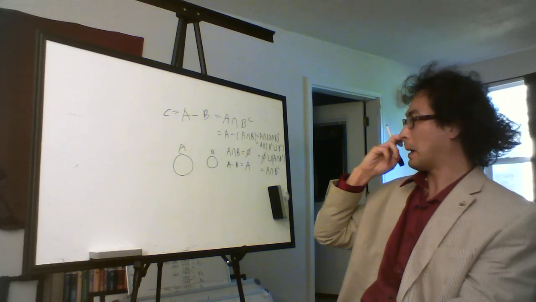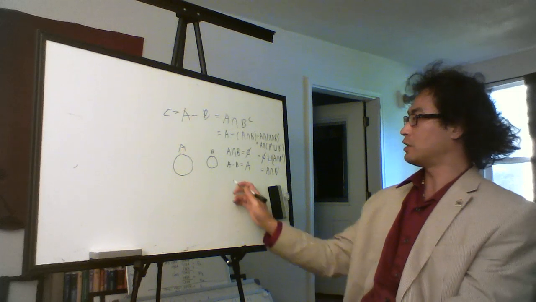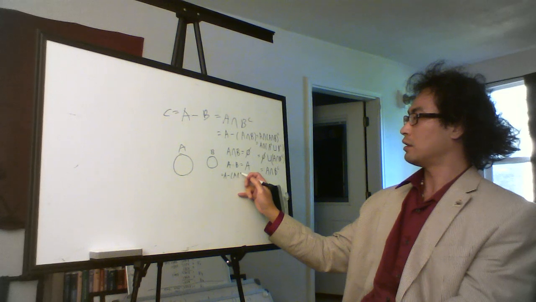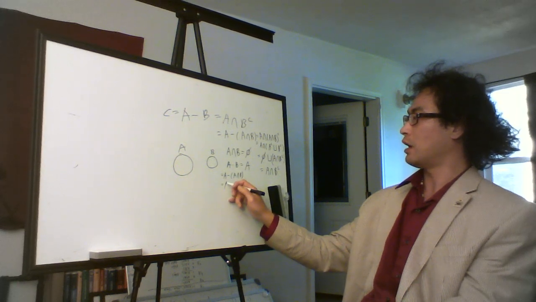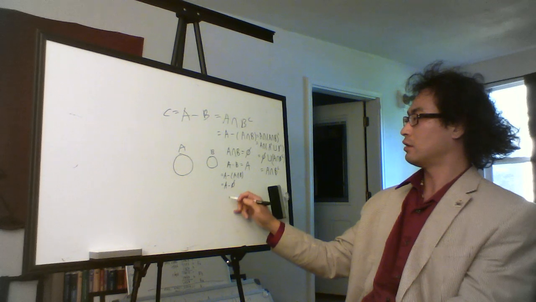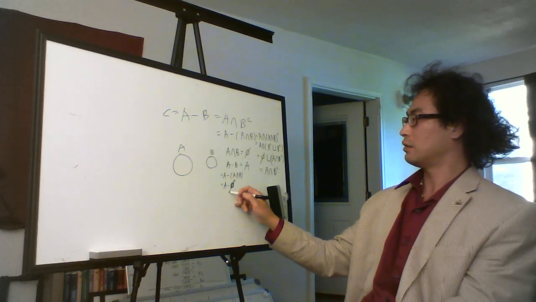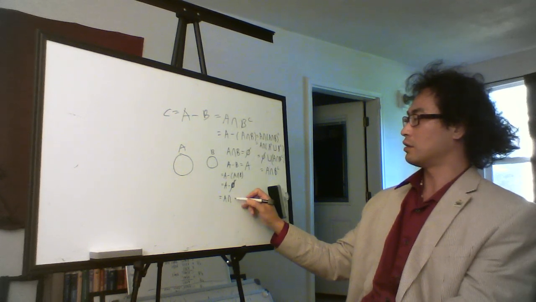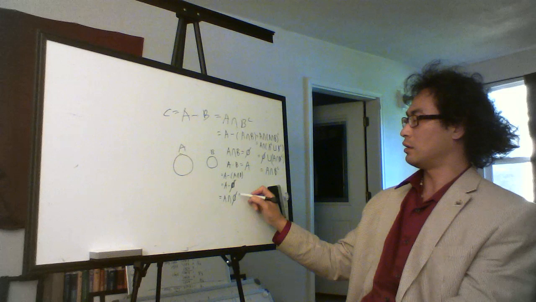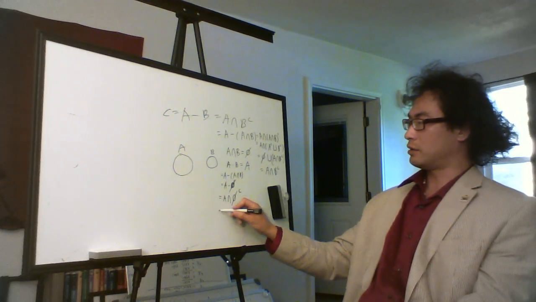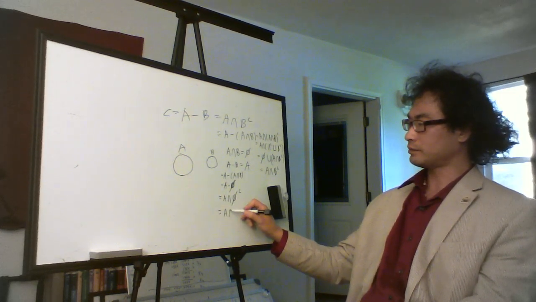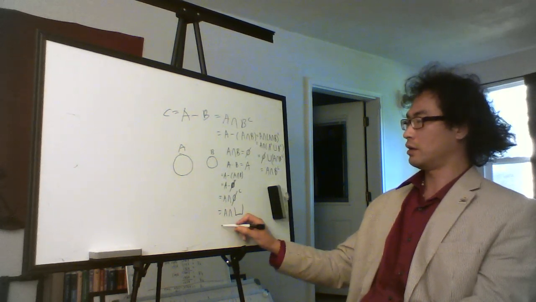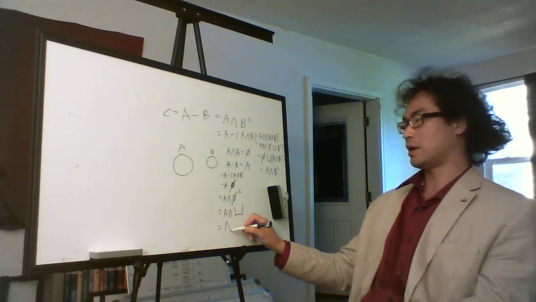Because A minus B is A minus A intersection B, right? Which is A minus nothing, the empty set, which is A intersection the empty set complement, and by definition, the empty set complement is the universal set. So intersection with A, that's just A.